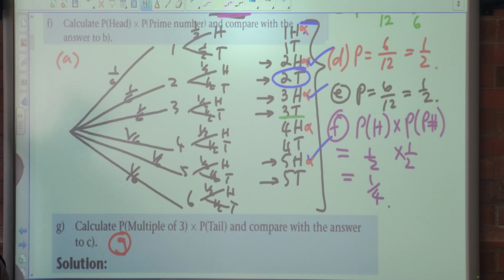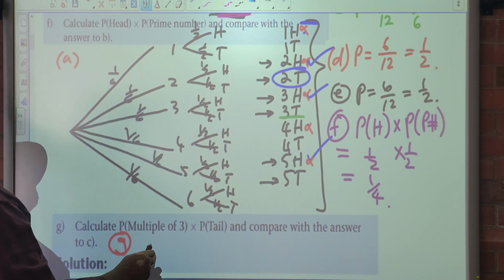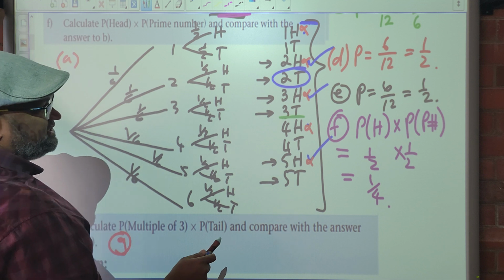Calculate the probability of the multiple of 3. What are the multiples of 3? 3 and 6. But we worked it out already, no?